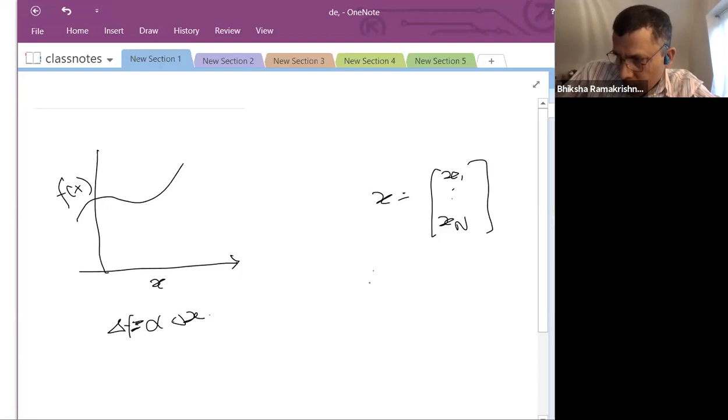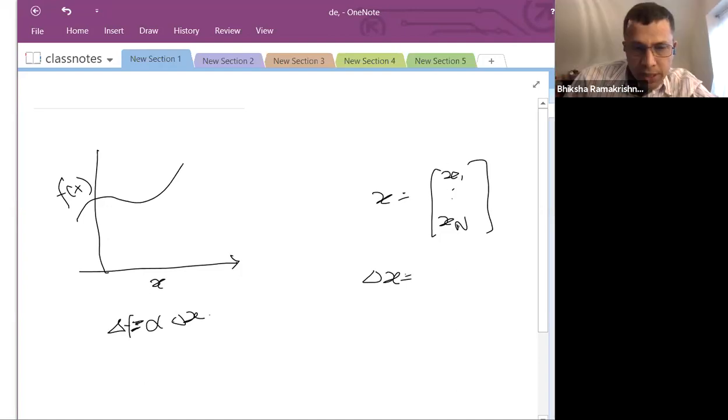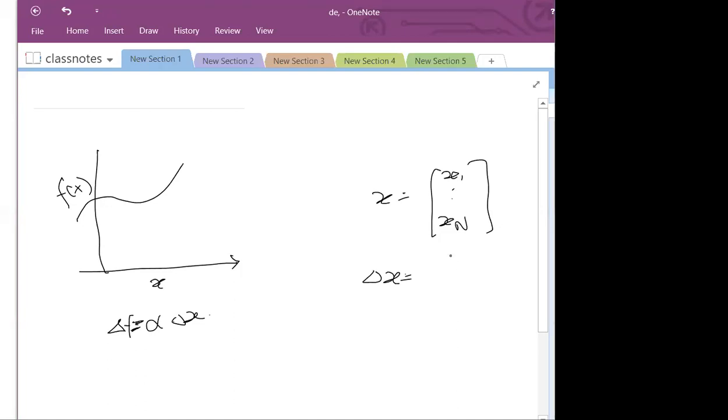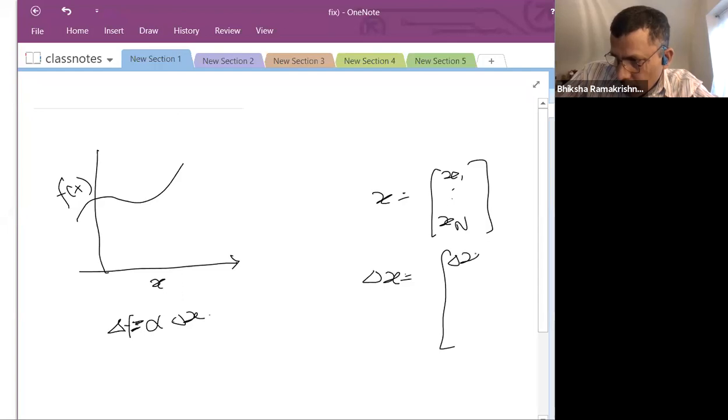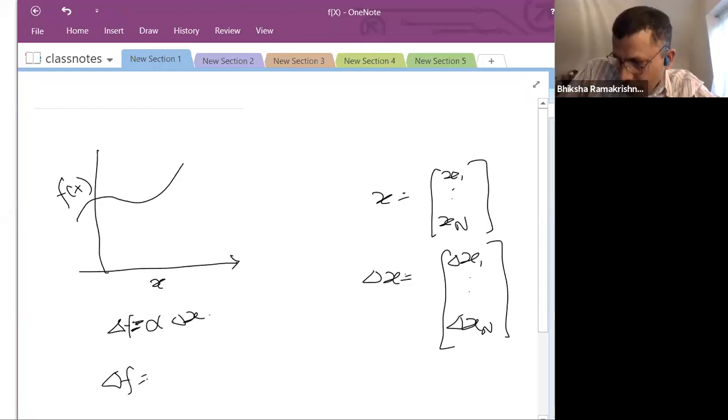What is the shape of delta of x going to be? X is a column vector. What is delta of x going to look like? Is it n by 1? It's also going to be a column vector, right? So I have delta f equals alpha times delta x1 through delta xn.